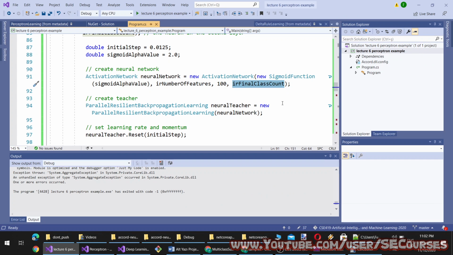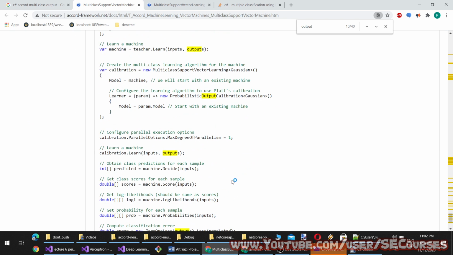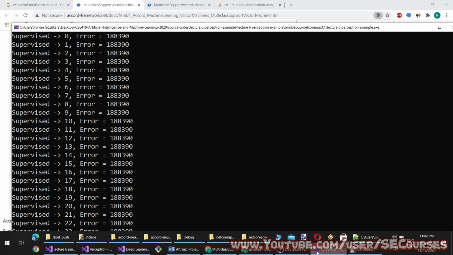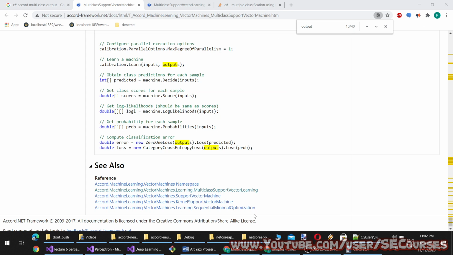If I make it 0, but it can't this time. Yeah, you see the error is much bigger. Okay, so this is not the correct way.